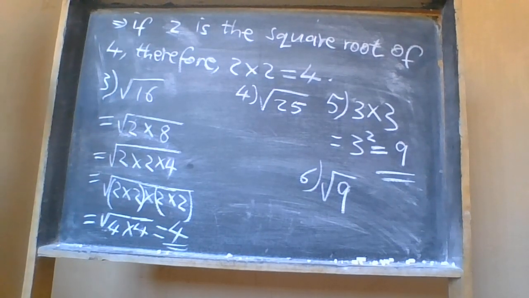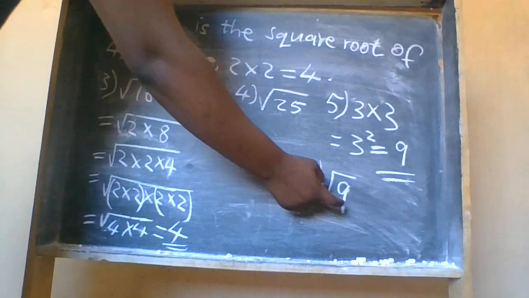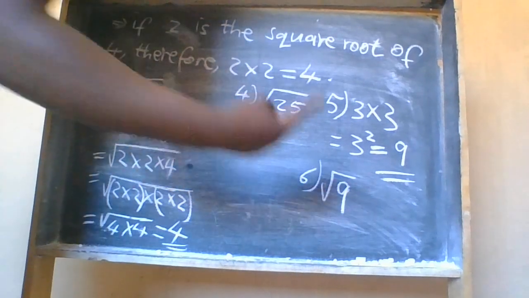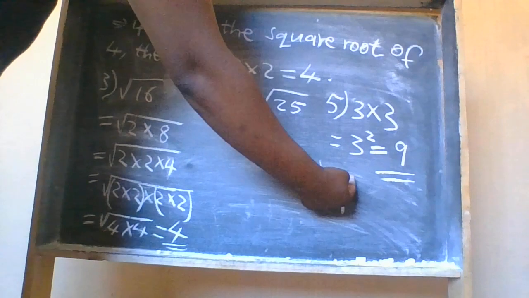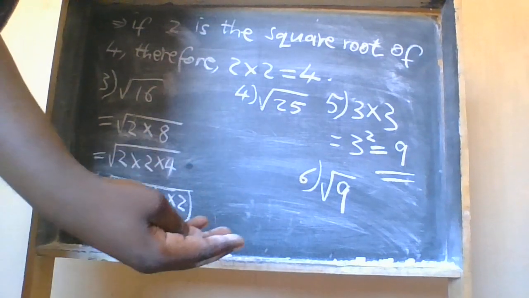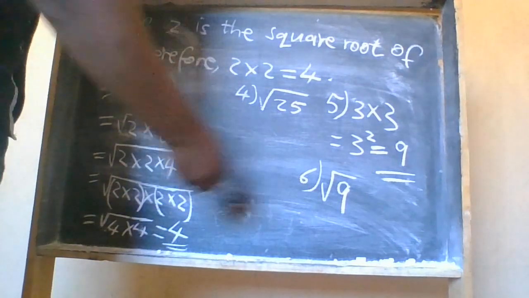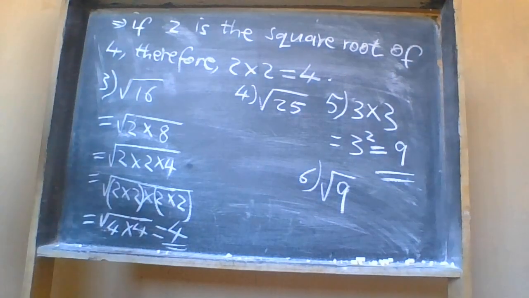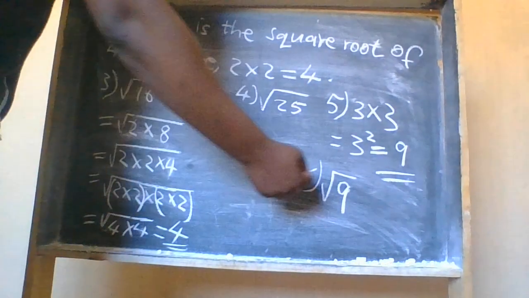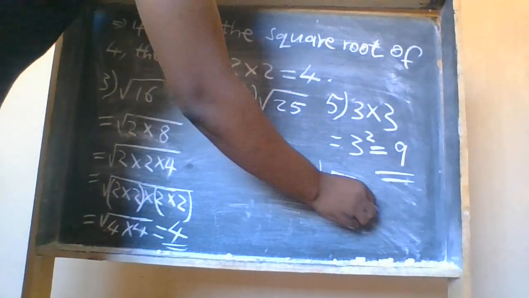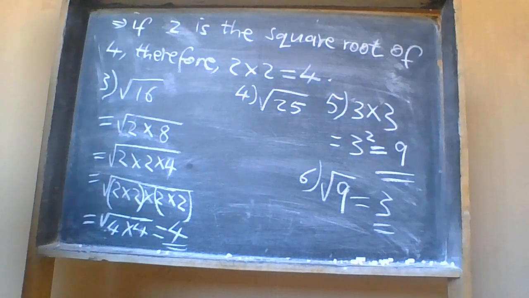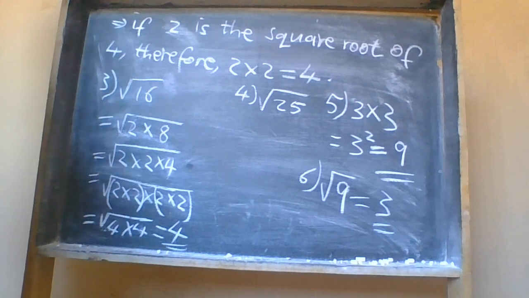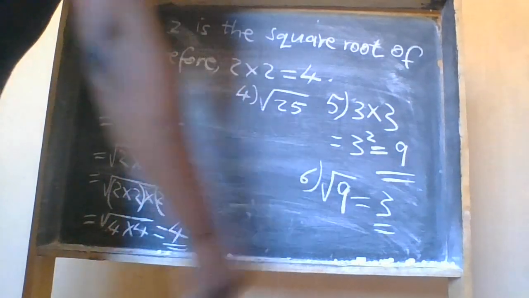In this case, they are asking what two numbers were multiplied to get 9. This is straightforward, but you don't just go direct to say the answer here is 3. Yes, it's correct, but we have to know how you came up with 3.